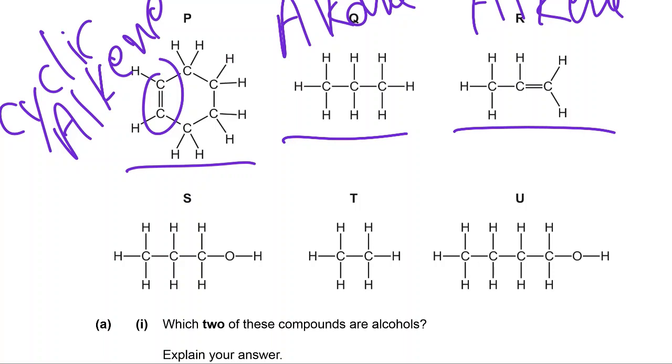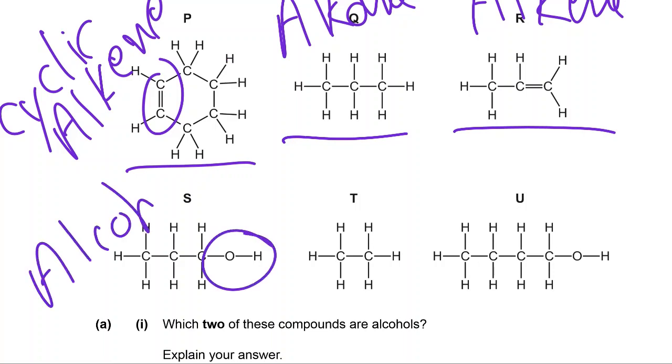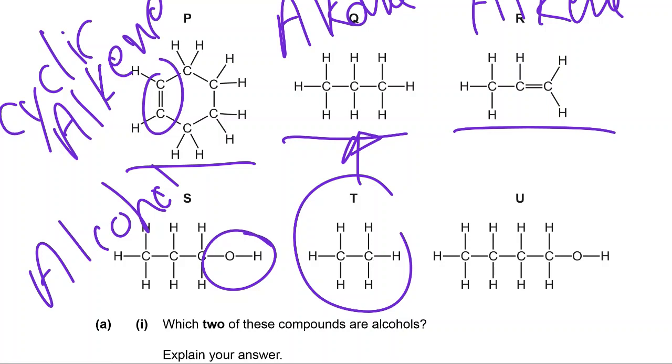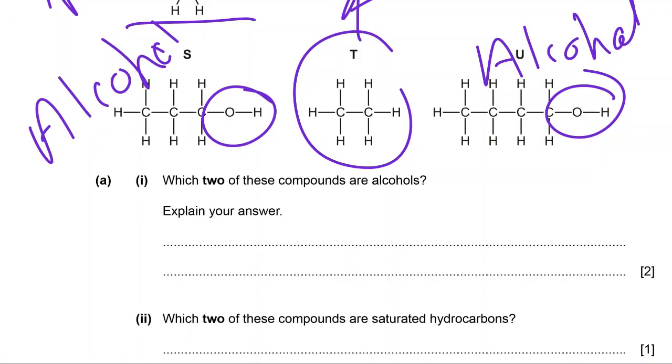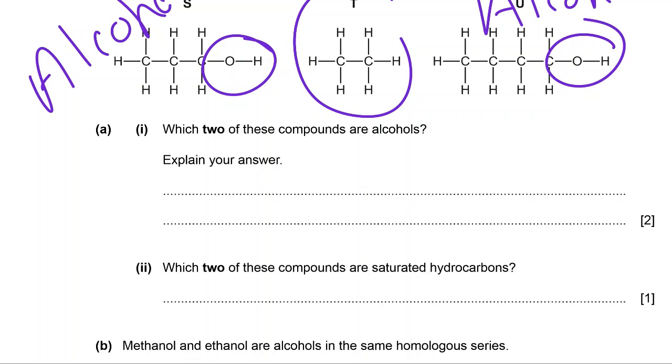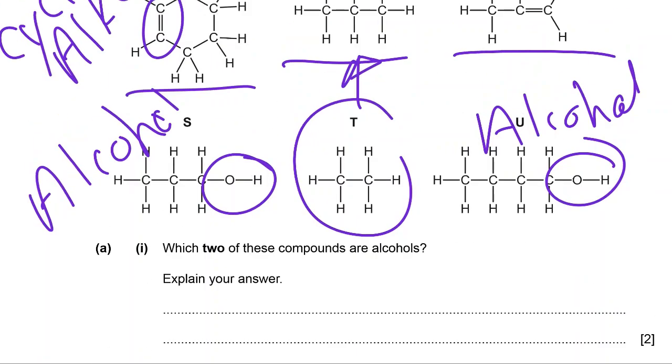And in the next one, here we have alcohol. And this one is an alkane, similar to this one. And this one is also an alcohol, because they have an OH group. So, which two of these compounds are alcohols?